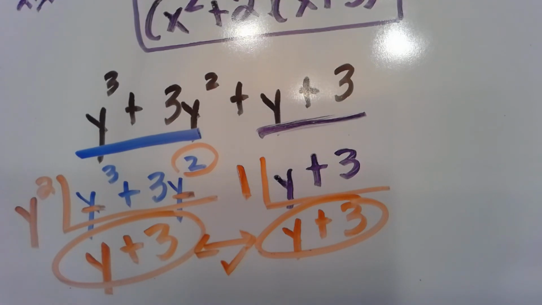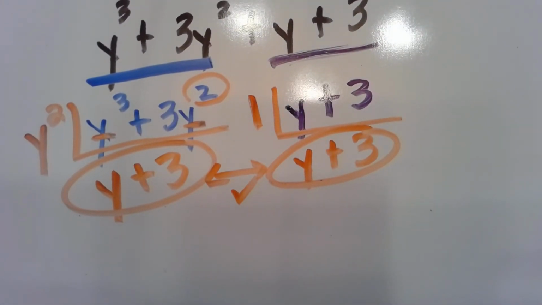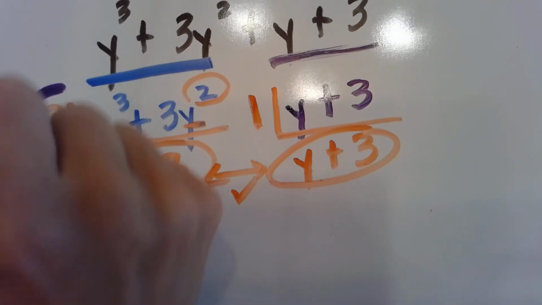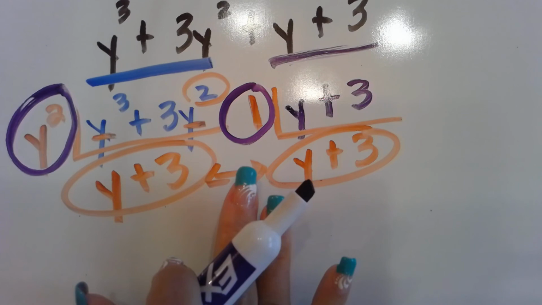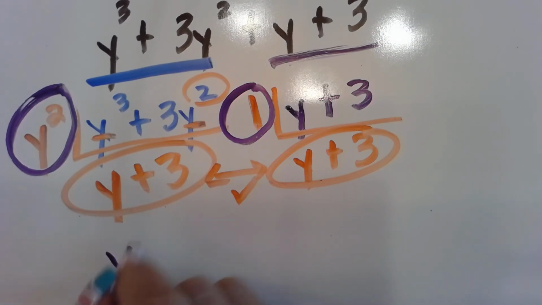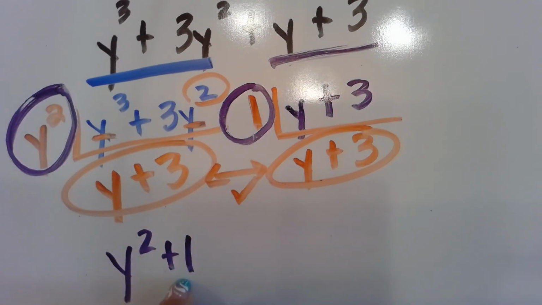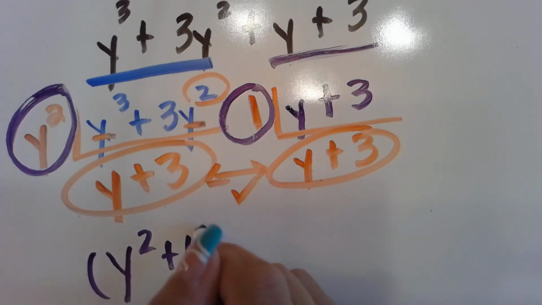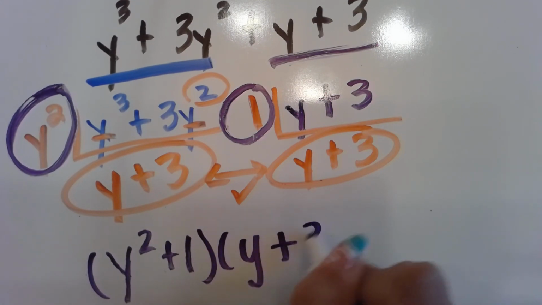So let's go ahead and write our final answer. So I have a y squared here, and that 1 here, that's why it's so important to write it, because we need it. So y squared plus 1, that's where I'm getting it. And then we have these two that match, so we're going to say y plus 3.